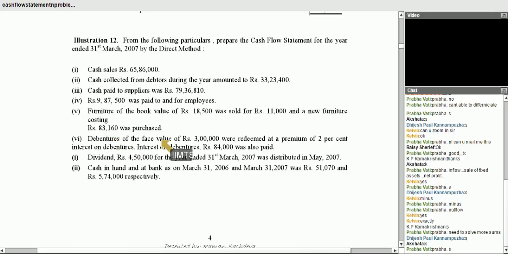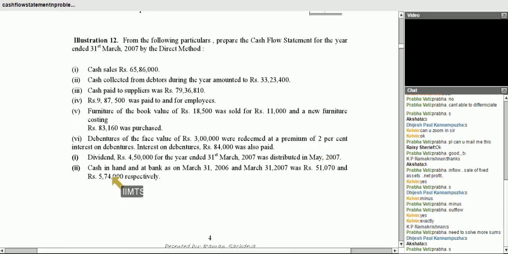Debentures of the face value of rupees 3 lakh were redeemed at a premium of 2%. Interest on debentures, rupees 84,000, was also paid. Dividend of rupees 4,50,000 for the year ended on 31st March 2007 was distributed in May 2007.